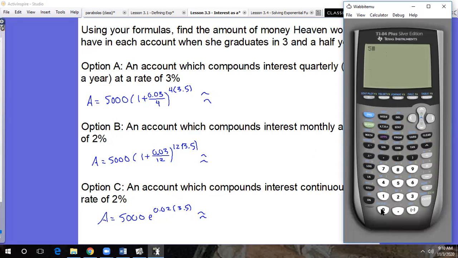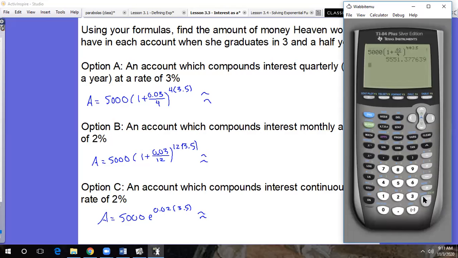So if I type this in, this is 5,000 times 1 plus, and I'm not going to use parentheses because I know my calculator knows the order of operations and will do this the right way. But if you want to be careful, if you press alpha F1 on one of these newer calculators, you can do N over D. You can put this in as 0.03 over 4, and then to the power of 4 times 3.5.